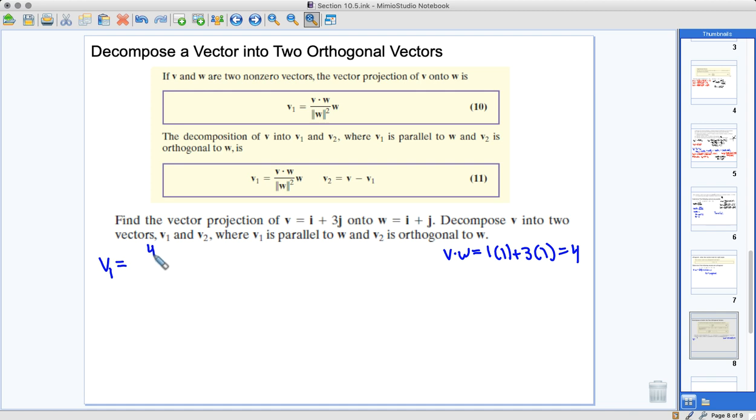So you get 4 over the magnitude of w squared. So square root of 1 squared plus 1 squared, and that whole quantity squared. So you get square root of 2 squared, which is 2. So you get 4 over 2 times your w vector, which is i plus j.